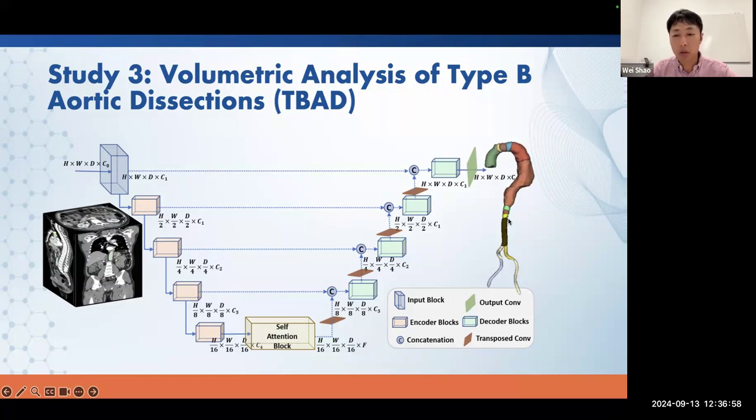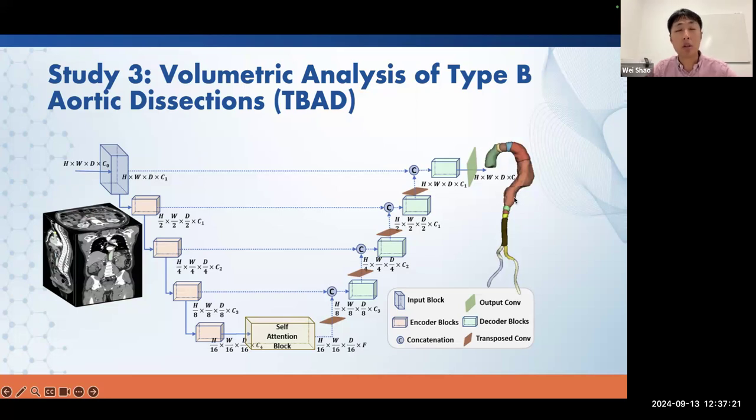This information is critical for the surgeons to make their treatment planning. For example, at this moment, based on the American Heart Association, for any aorta that has a maximum diameter greater than 4 millimeters, they will recommend a surgery.